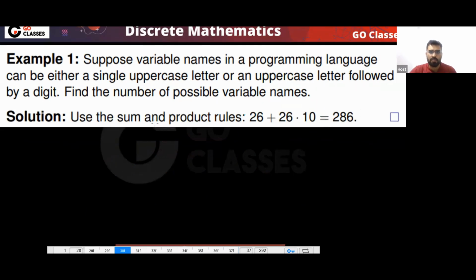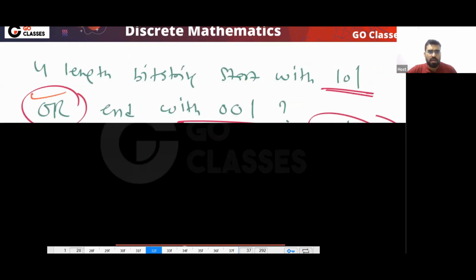Okay, next, what is the answer for this question? 4 length bit strings which start with 101 or end with 001. Are they disjoint?